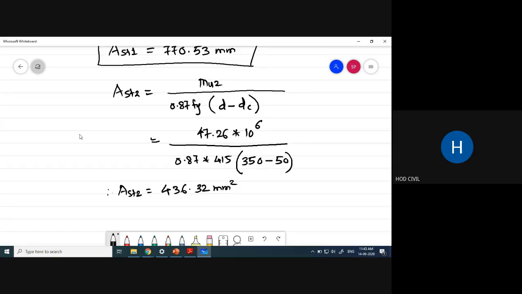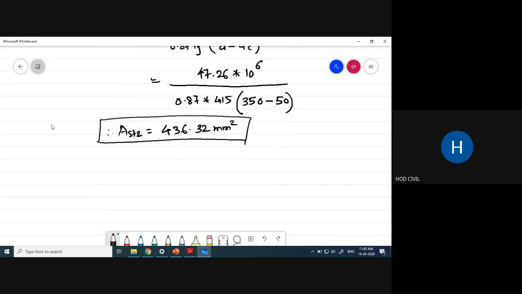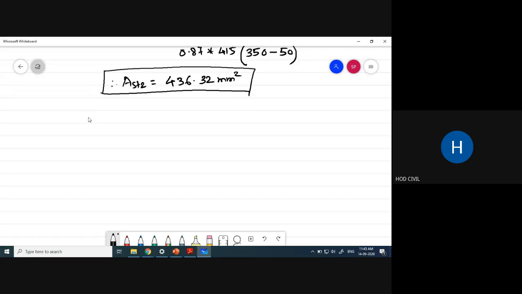This is your AST2. So let us find out now total area of steel, AST, which will be AST is equal to AST1 plus AST2. Tell me the addition. 1206.85 mm square. Okay, this is the required area of the steel in tension zone.